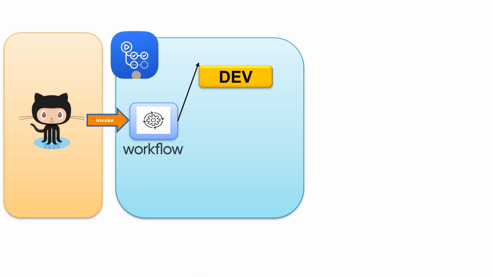This workflow can be used at the environment level. In GitHub Actions you can set environments like dev, UAT, test, production, according to your enterprise conventions.